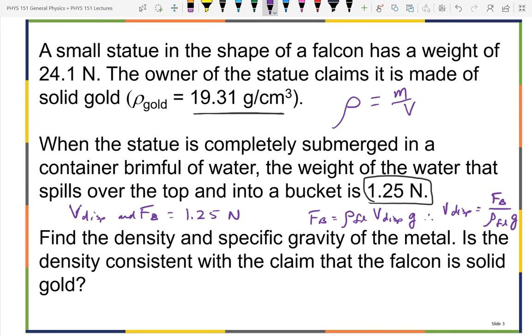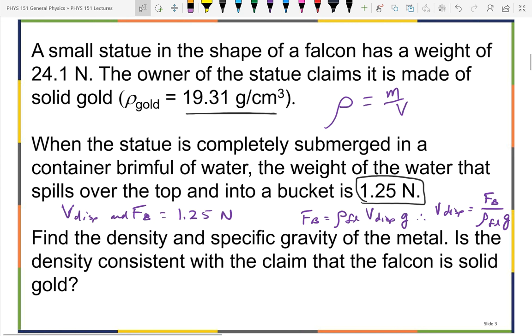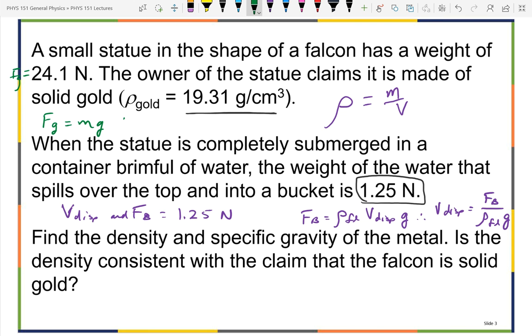Now I also need to know the mass to get the density. How can I find the mass? From the force, we know the force of gravity is equal to mg, and we have the force of gravity right there. So that means the mass is equal to the force of gravity over g.